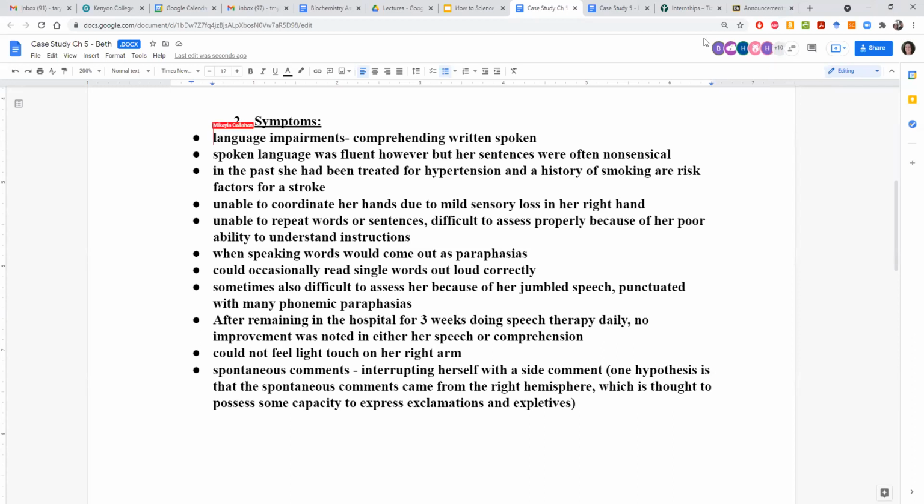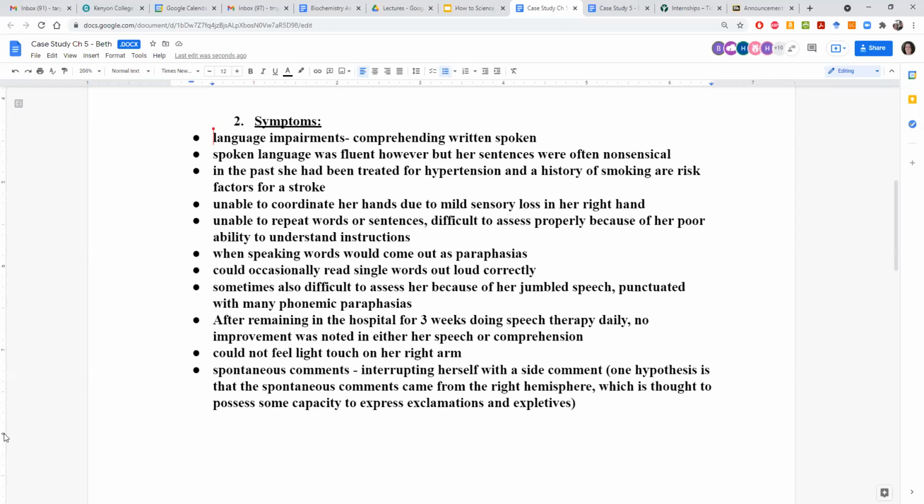So she had language impairments, and she had impairments with comprehending written and spoken language. Her spoken language was fluent sometimes, but her sentences were often nonsensical and you couldn't understand them. They were just very random words. In the past, she had been treated for hypertension and has a history of smoking, which are risk factors for a stroke.